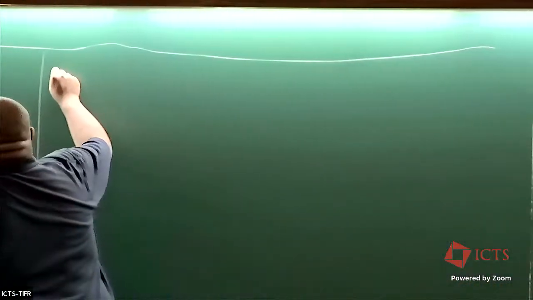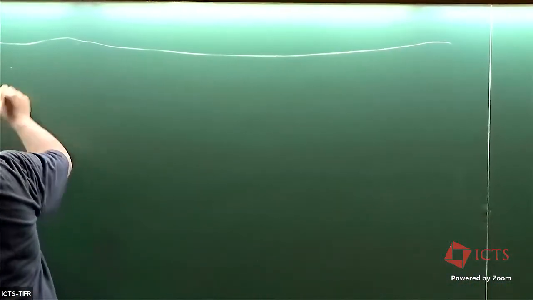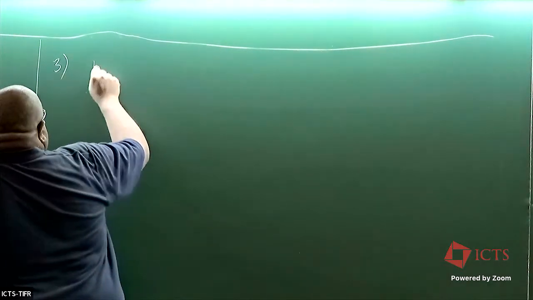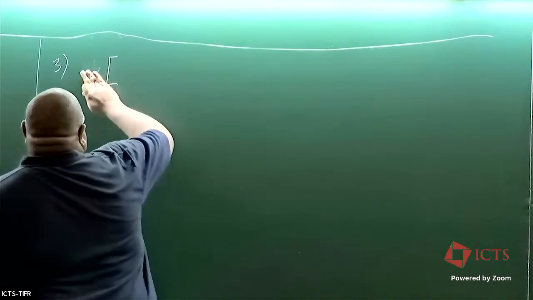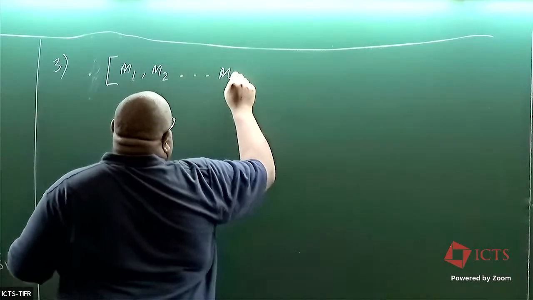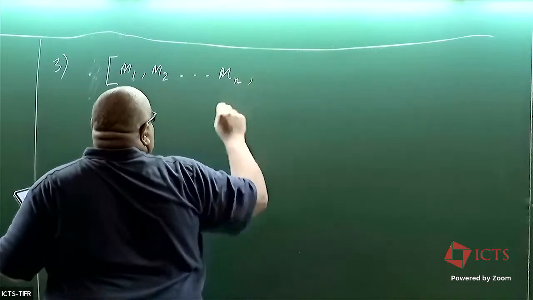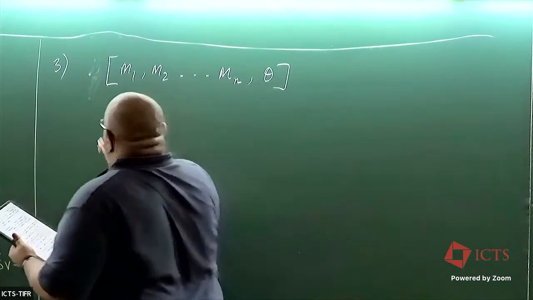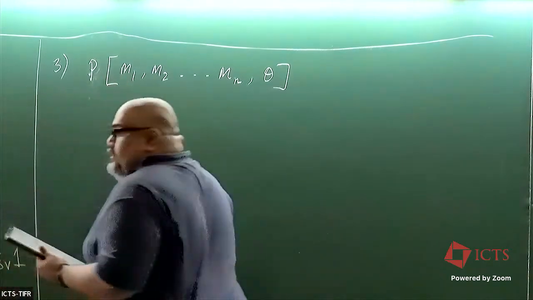So mathematically, what I have is a set of measurements, let's say M1, M2, and so on, up to Mn, given theta. And what I presume is that this is coming from a probability distribution.